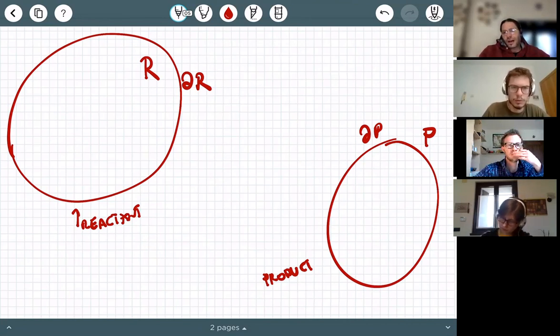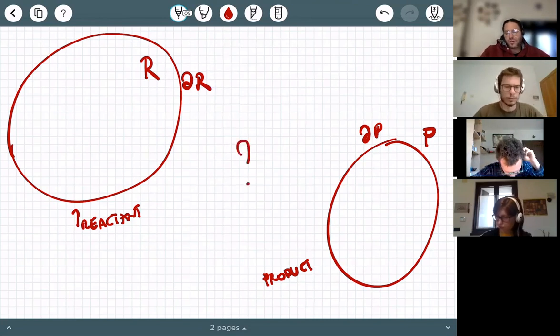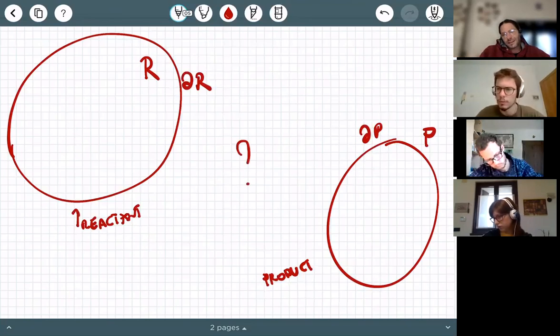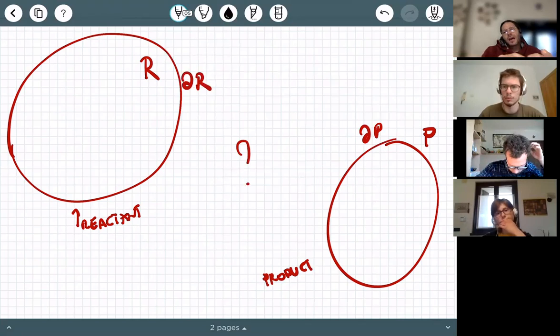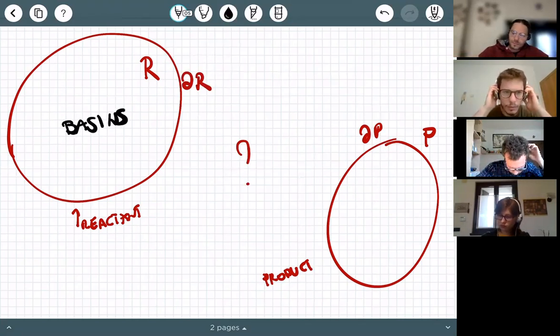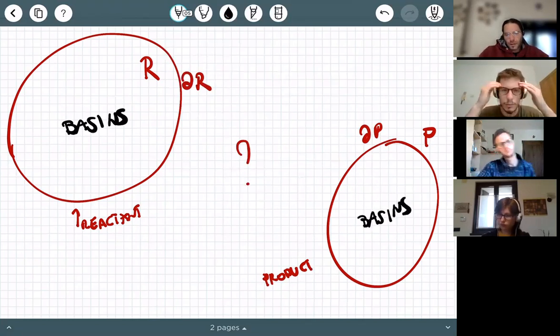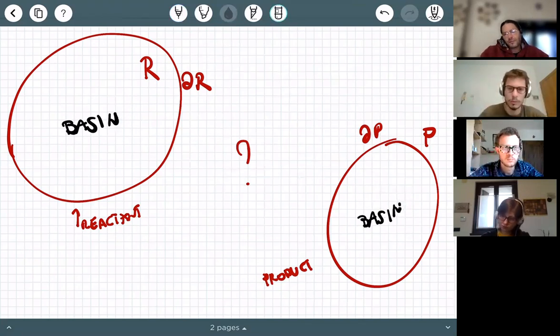Otherwise, there's no advantage of doing transition path theory, because the idea is that we are interested in whatever is in between these two. Okay. So even though the theory is more general than that, we shall assume that reactant and product basically surround basins. Two basins separated by some kind of barrier.